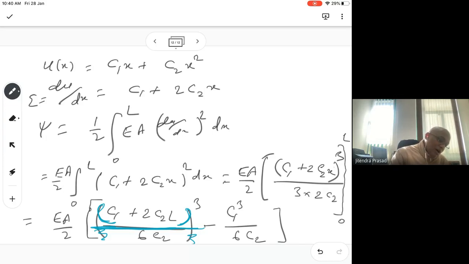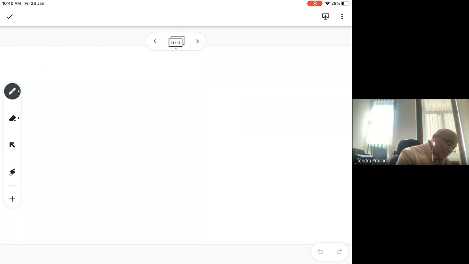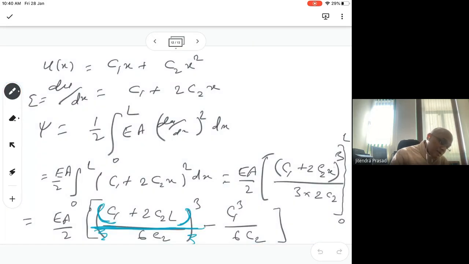Okay, so we got psi, so we can write the final form. Psi is equal to, we will take EA over 12 C2.